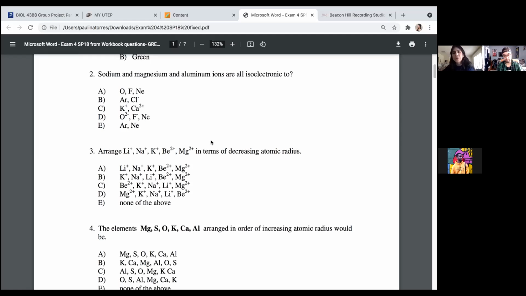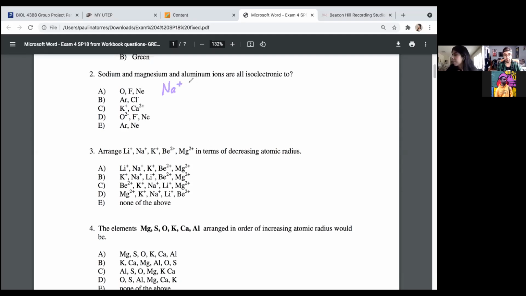So if we're looking at sodium, they want the sodium ion. When sodium becomes an ion, what charge does it get? 1+. Perfect. So sodium plus.